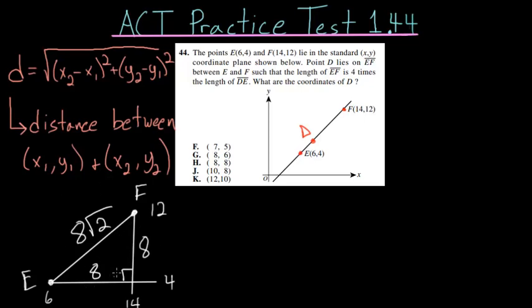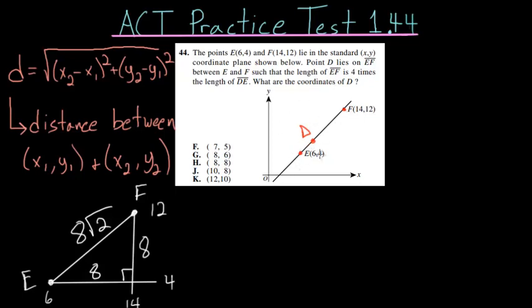You can double check this with the Pythagorean theorem, but this relationship for isosceles right triangles, or 45-45-90 triangles, since each of these angles here is 45 degrees, it's very helpful to memorize this trick going into the ACT.